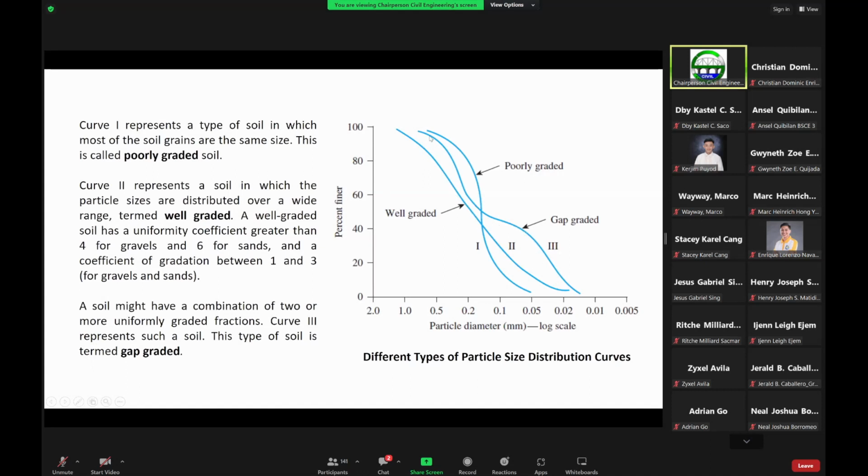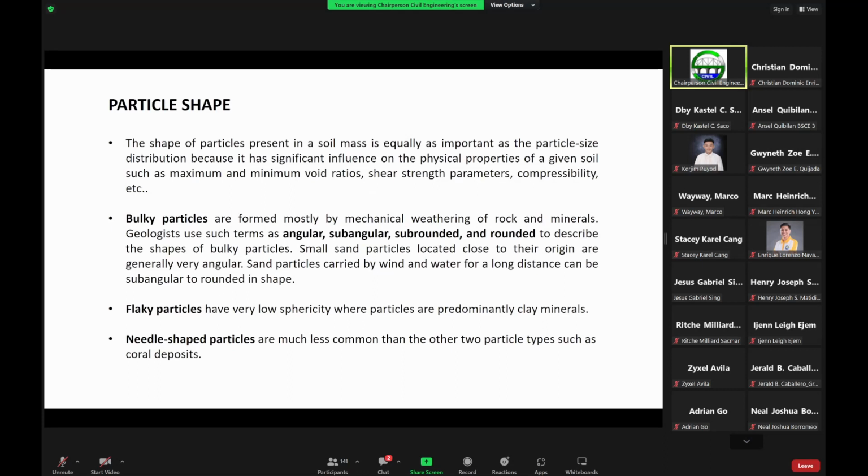If this is the shape of the grain size distribution curve, that means there are some grain sizes which are missing. So these are the three soil types with respect to the grain size distribution curve: either a well-graded soil, a poorly graded, or a gap graded soil.